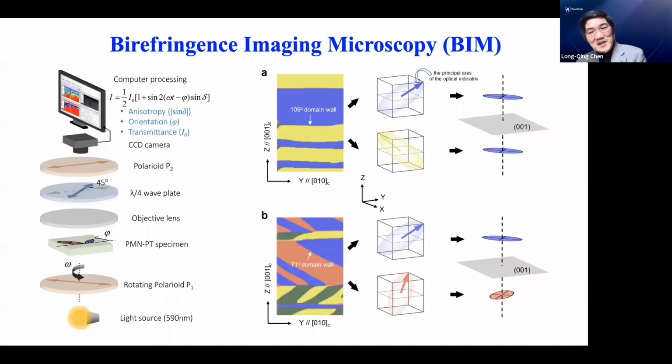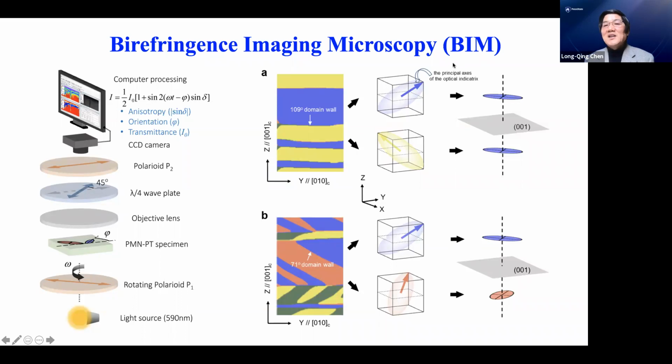Now, because of this type of domain, we were thinking, wait a minute, if indeed the domains are so big, then the crystals could actually be transparent. So we also looked at birefringence imaging microscopy. In this case, as I mentioned, the images show horizontal domain walls, which we call 109-degree domain walls, and the tilted ones are 71-degree domain walls.